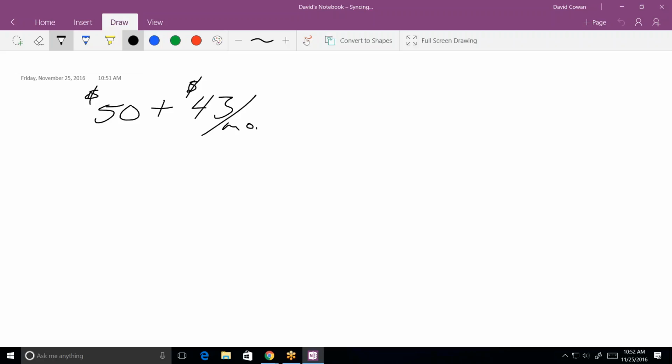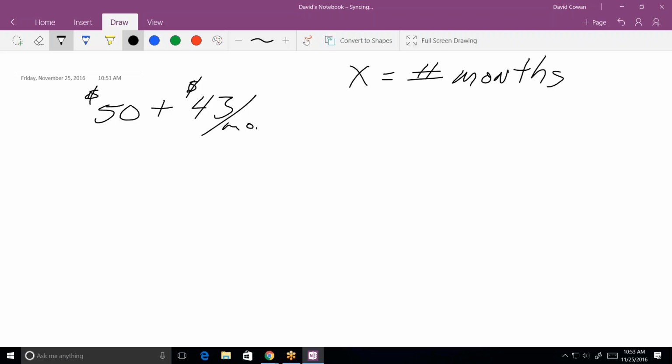What's my variable? No, not the average cost. The number of months. There you go. In other words, that's what it's asking for, right? It doesn't ask for average cost. It asks for how many months of service.